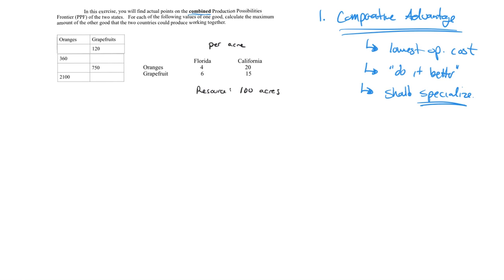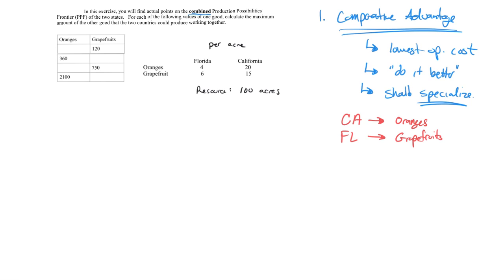Again, I'll have a link show up so you can go to it if you've made it this far and you're like, wait a minute, I really should go back. We found that California had the comparative advantage in oranges, and then we found that Florida had the comparative advantage in grapefruits. Again, because they had the lower opportunity cost, so we know that they should specialize in that good.